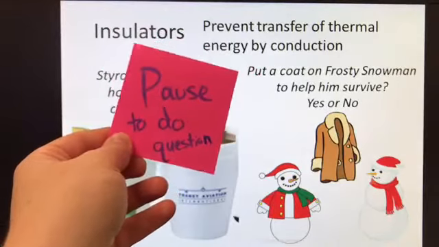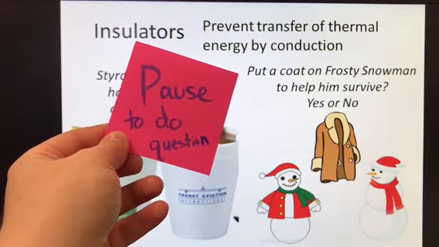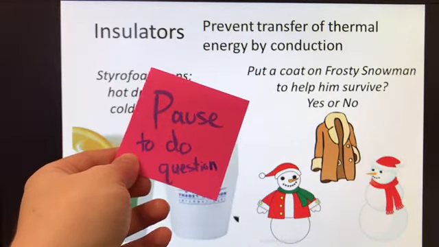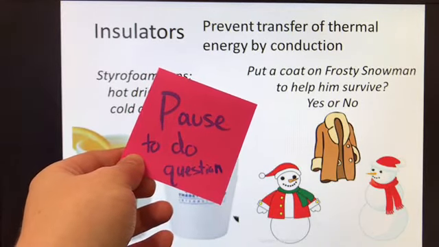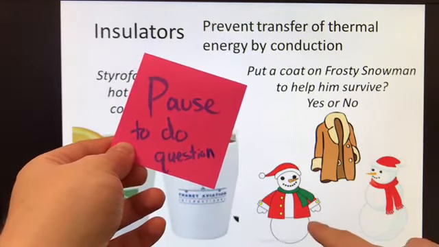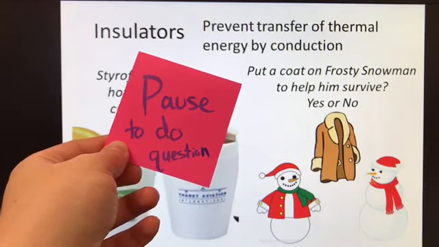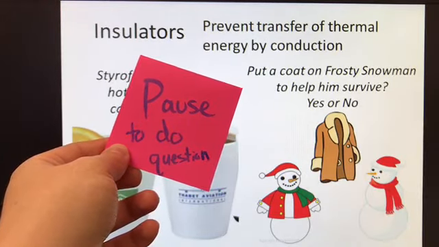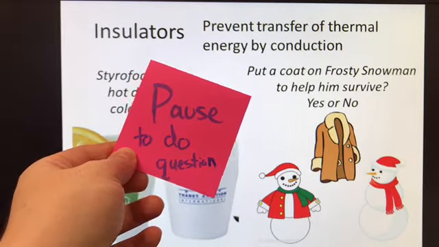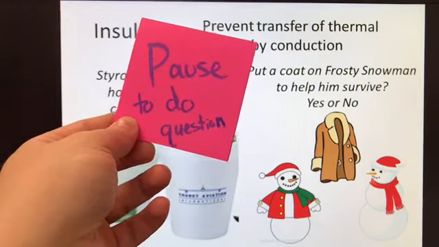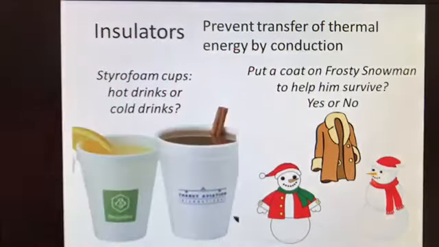If you put a coat on Frosty the Snowman, does it help him last longer? Does he survive? All right, so it's a sunny day outside and you've made Frosty, so do you put a coat on him or do you not? Pause and think about that. So, what do you think?